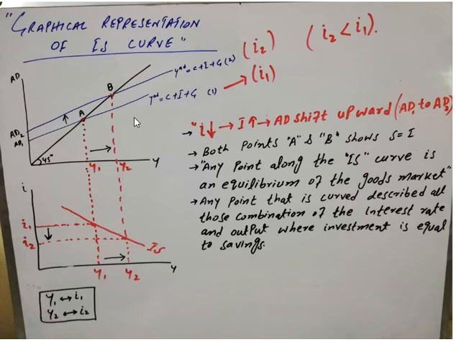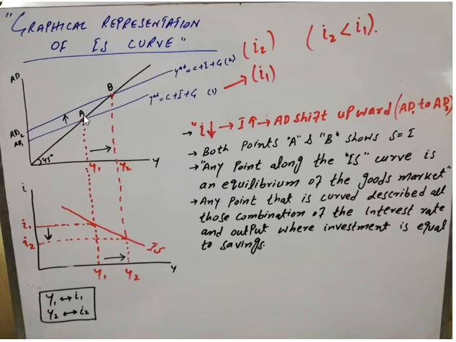This is AD1 and this is AD2. What is the reason behind the shift from AD1 to AD2? The decrease in interest rate. When the interest rate decreases, aggregate demand shifts from AD1 to AD2.